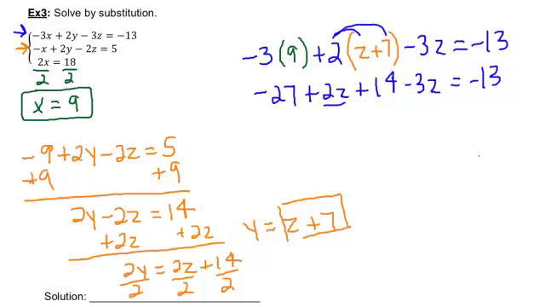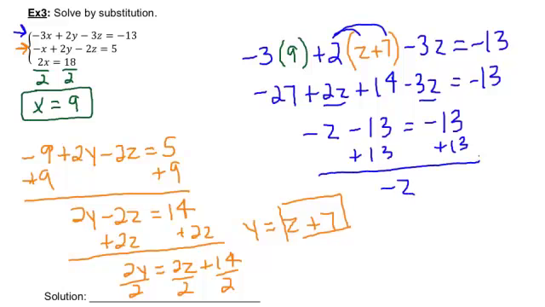We can combine our z's and then combine our constants, so 2z minus 3z is negative z. Negative 27 plus 14 is negative 13. That equals negative 13. So again, to solve for z, we're going to add 13 to both sides. So negative z equals 0.